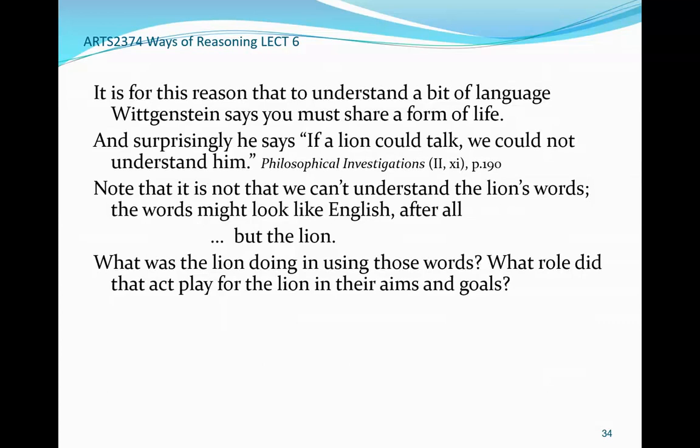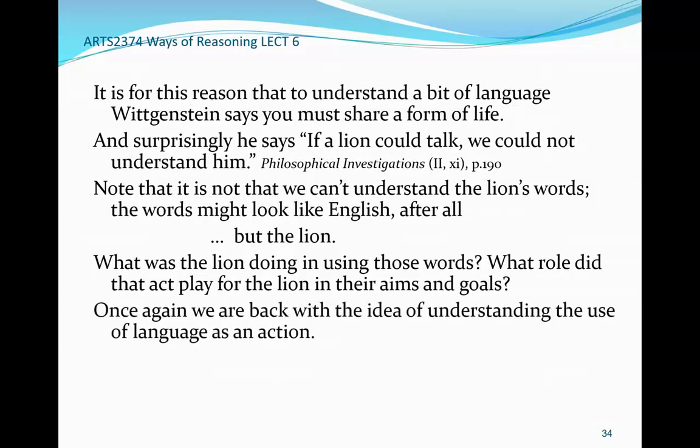And once again, it's the idea of understanding the use of language as an action. Right? I've emphasized that before, and I think that's something to take really seriously, that understanding a linguistic act is to understand an aspect of that actor.